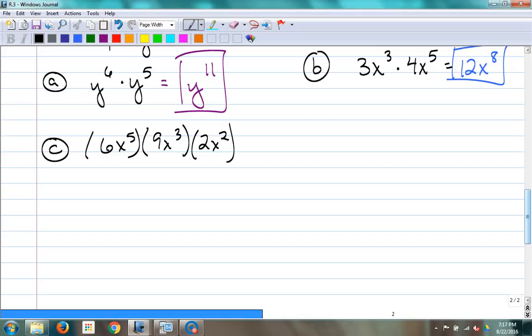Multiply them together. So we got 6 times 9 times 2. I don't know my 54 times tables, but I do know my 2's. So it's 108 x to the 10. Yeah. 5 plus 3 is 8 plus 2 is 10. Okay?